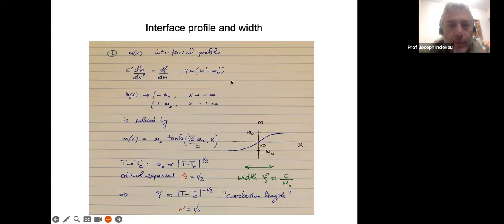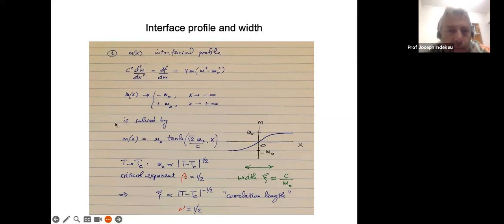And the boundary conditions, we could also call them the bulk conditions, are such that m approaches minus m0 for x going to minus infinity, and m approaches plus m0 for x going to plus infinity. And so we're looking for a solution that is corresponding to this profile here.